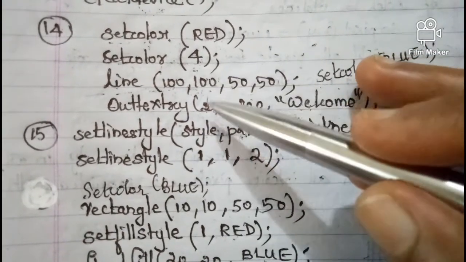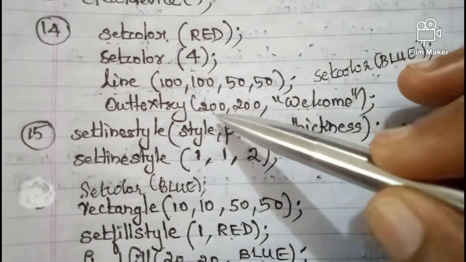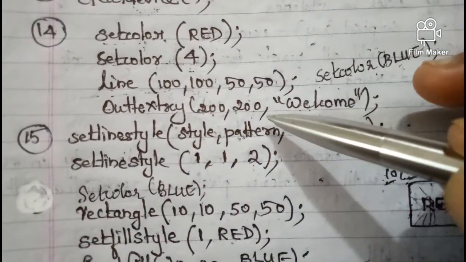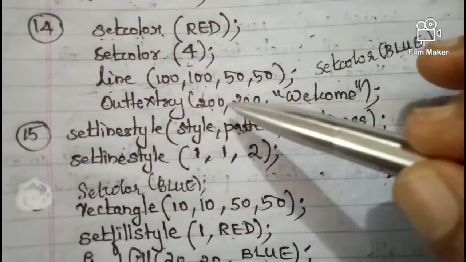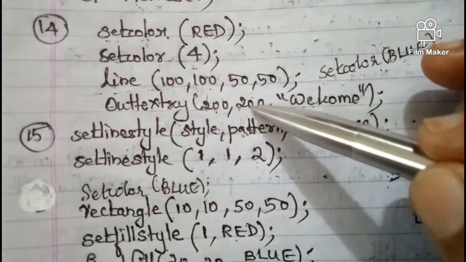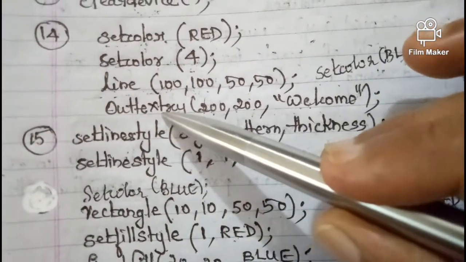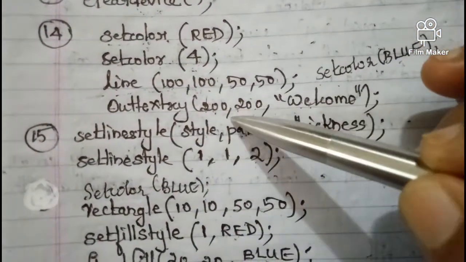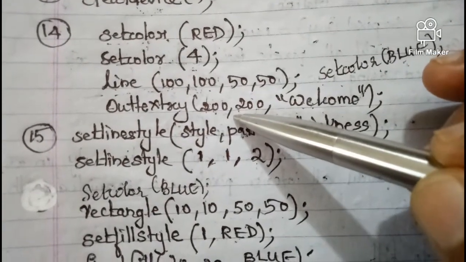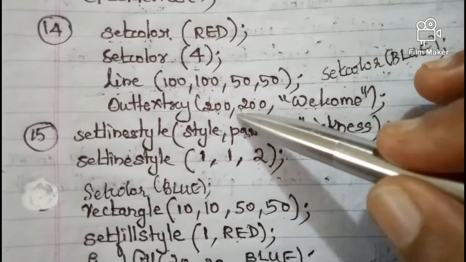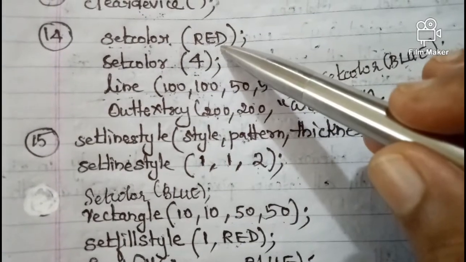Similarly, just after the line function, I have specified an outTextXY function which displays the message welcome at position 200. Remember, outTextXY displays messages at a specific position on the screen. Now this message is also displayed in red color.